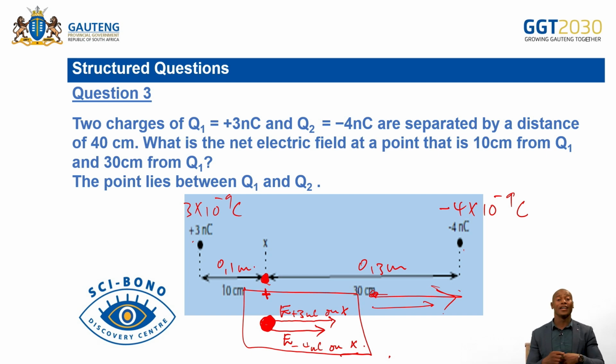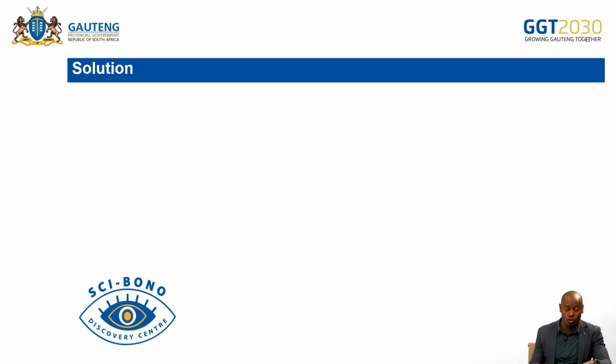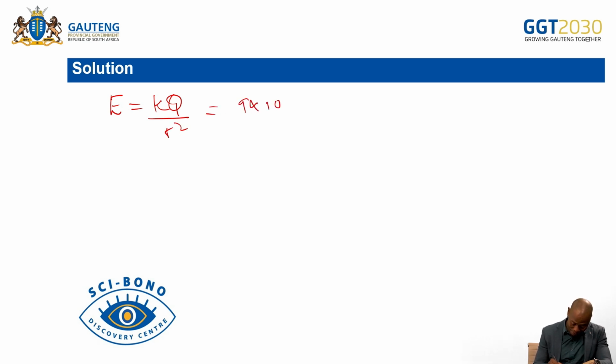Okay, then from there, what are we supposed to do? Calculate now the electric field exerted by what? By positive 3 nanocoulombs on point X, right? Then it's going to be 9 times 10 to the power 9, times the charge on positive 3.